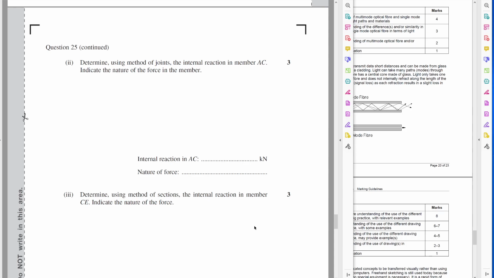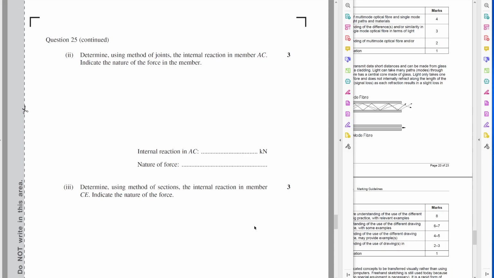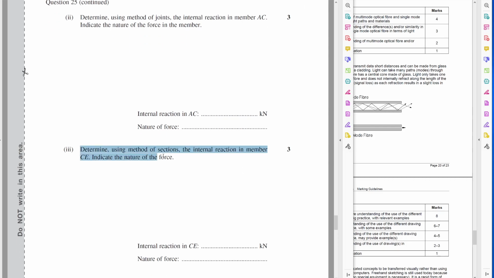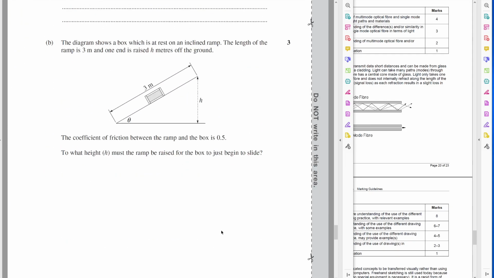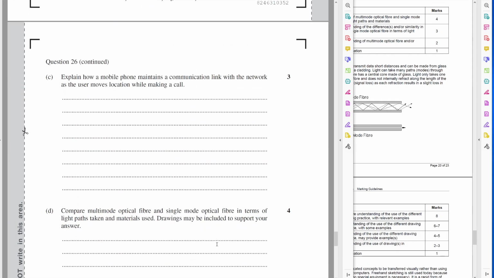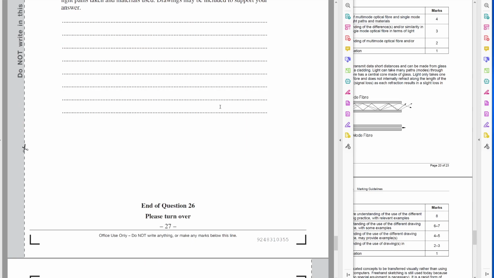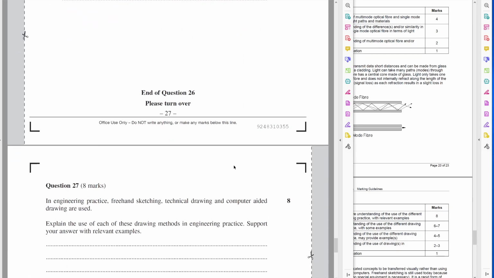Yeah, no one got that one. 25B2. Yeah, trusses. Nobody ever gets trusses. I mean, only 3 people got this one. That's right up my alley. Anyway, who knows? So this wasn't answered as badly as the truss, but it was answered pretty badly.